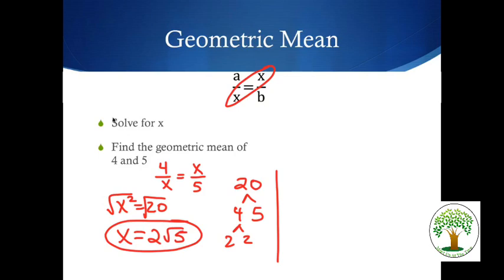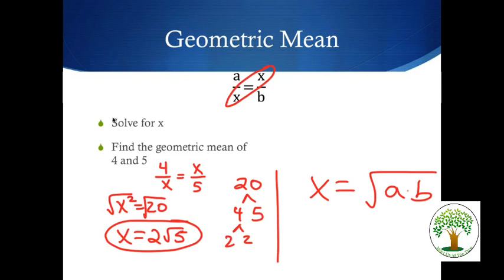You can automatically just say X equals the square root of the two numbers. On your Formula Madness, do you have A and B? Z and Y. So what are you going to write? X equals the square root of Z and Y.